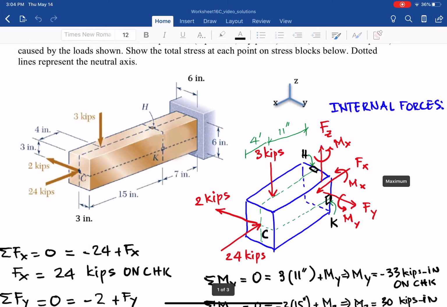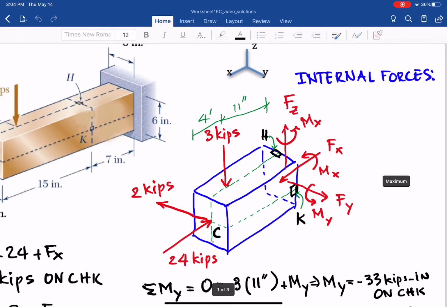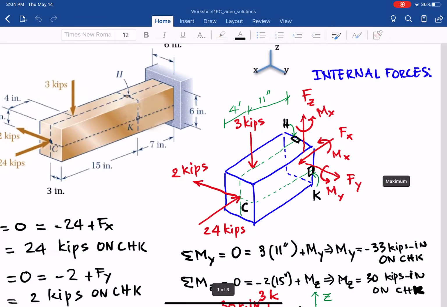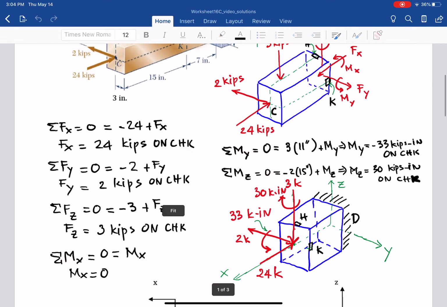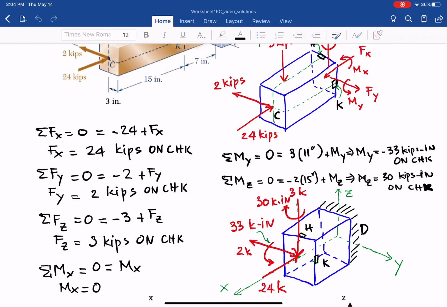Draw the free body diagram, and at the cross section through H and K, there are 6 unknowns: Mx, My, Mz, Fx, Fy, Fz. You use the equilibrium equations to find them, and the answer has to be on that member, on that section, which is CHK.